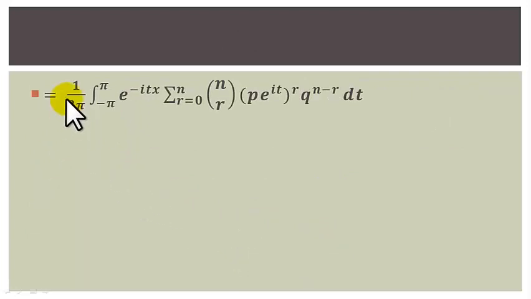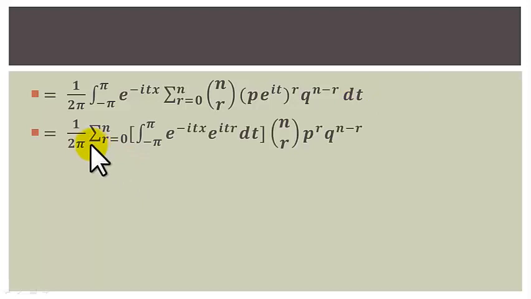And this is equal to 1 over 2 pi, integral from minus pi to pi, exponent minus itx. The binomial expansion of the characteristic function is this: sum of n combination r, p exponent it to power r, q to power n minus r, as r goes from 0 to n, with respect to t.